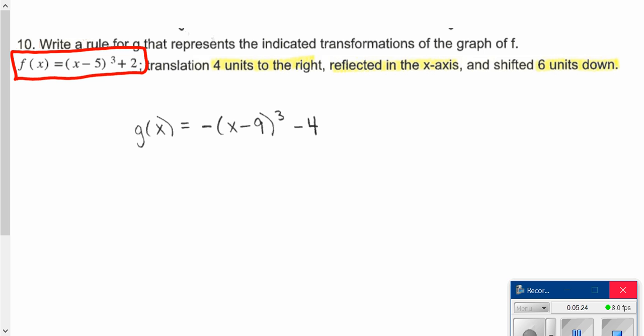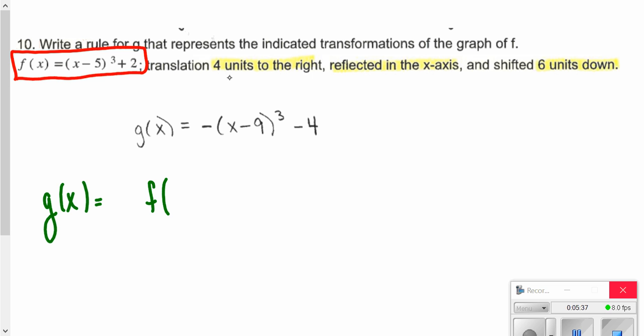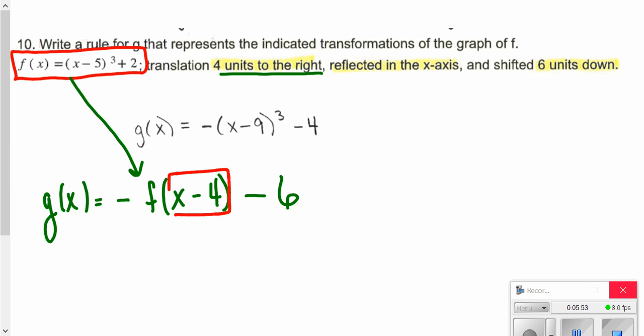So one way that you could think about this would be to take like a little middle step. Don't worry about that beginning function quite at the beginning. So say my new function g has to be my old function f. The 4 units to the right is this part. The reflection is this negative, and the down 6 is like this. And now bring in this other equation. So I put x minus 4 in place of this x.